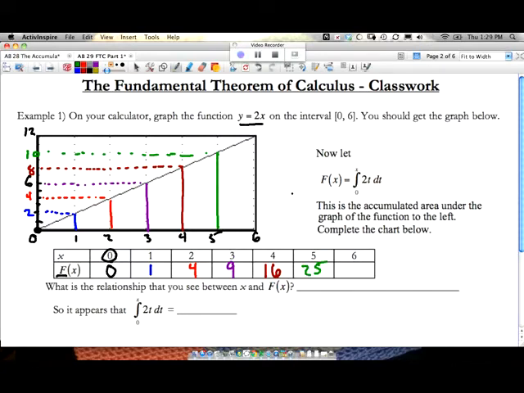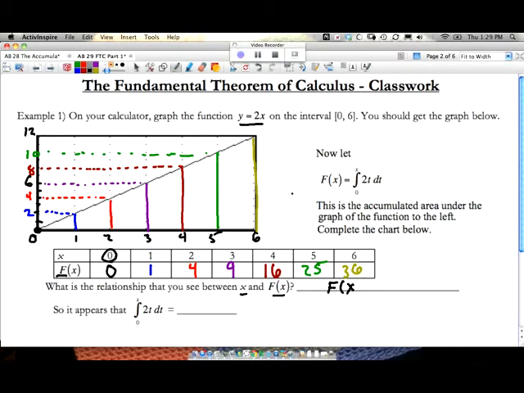And then the last one, we'll do in an olive green, goes all the way out to 12. We've got this vertical of 12 by 6, 12 times 6 is 72, divide that by 2, we get 36. Do you guys see anything? What's the relationship between x and F of x? Hopefully you see it.